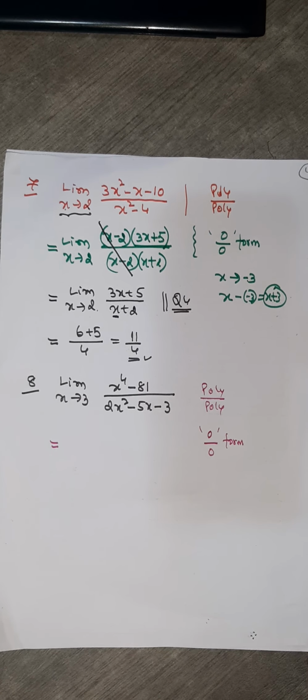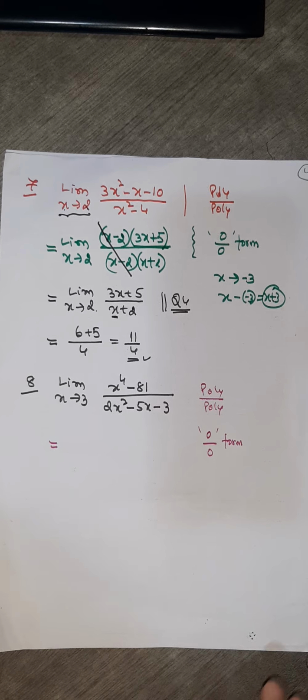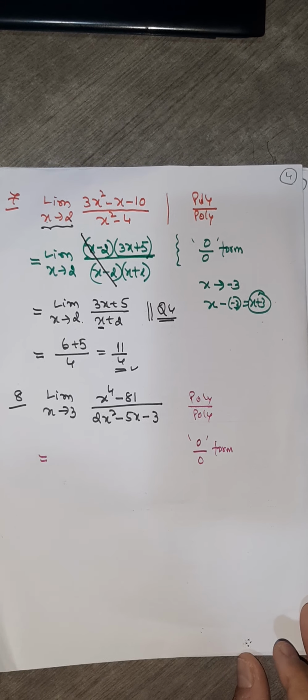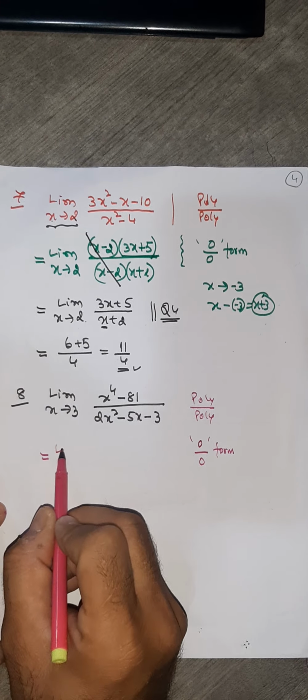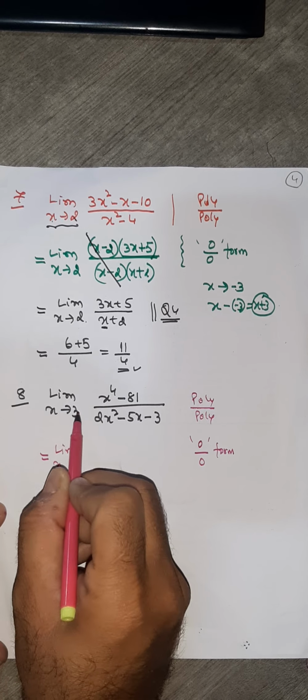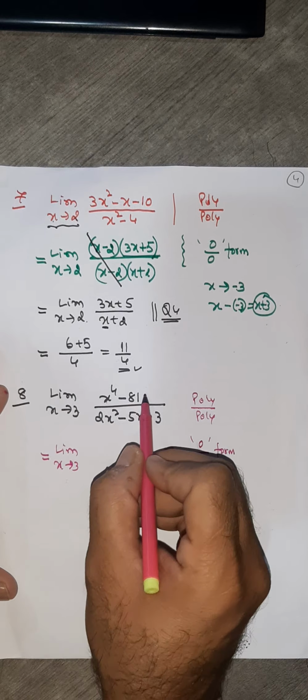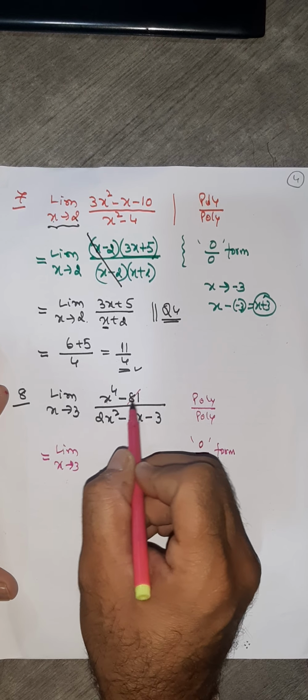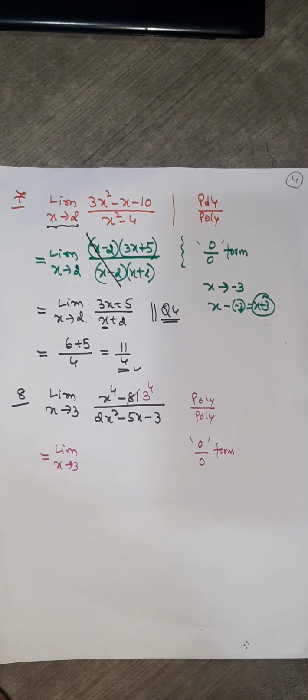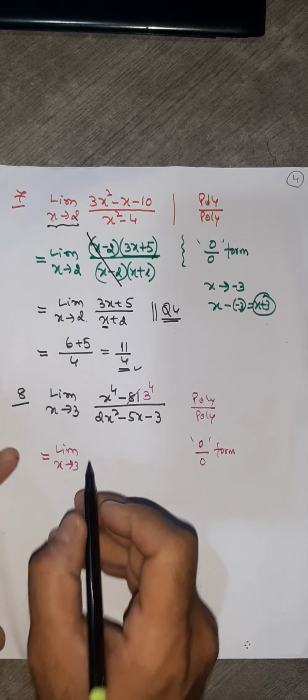What do you need to do? You need to factorize. Which factor must you have in the numerator and denominator? x, this minus this, that is x minus 3. Now here, this 81 you can write as 3 raised to 4, you know. Now how do we do this?